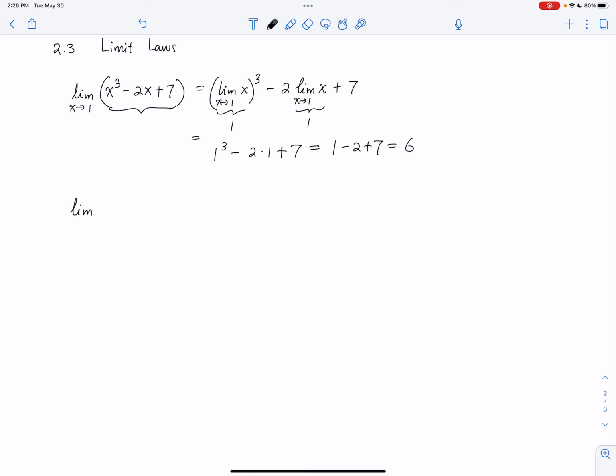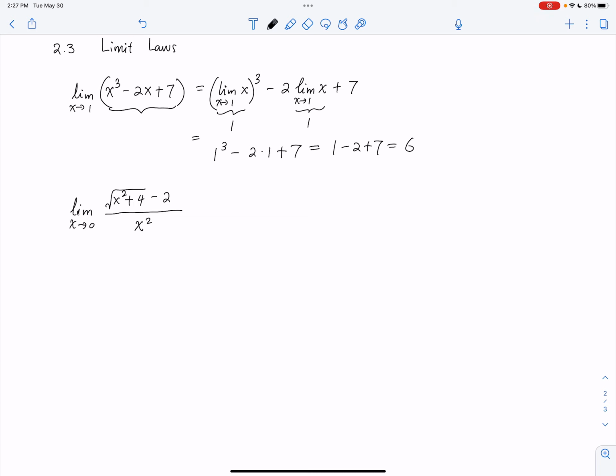So for example, if t goes to 0, or we can say x goes to 0, when x becomes closer and closer to 0, what happens to that thing? All right? So first you look at the denominator and the numerator.